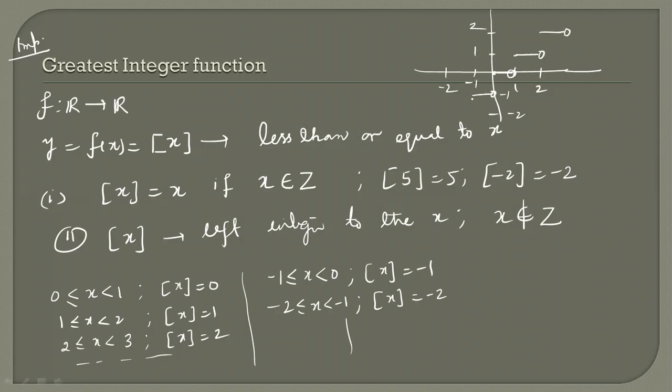Here it will be a jumping function, with a straight line and jumping at minus 1. So this is the graph of the step function. These small circles represent that the function is jumping here, or it is not continuous here.